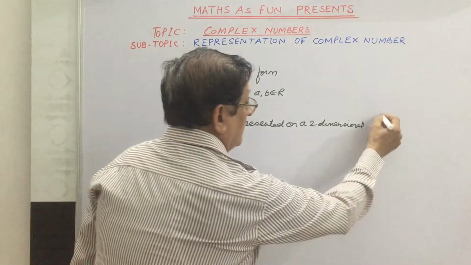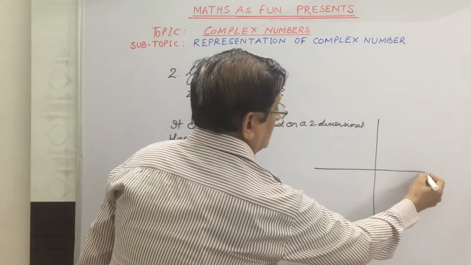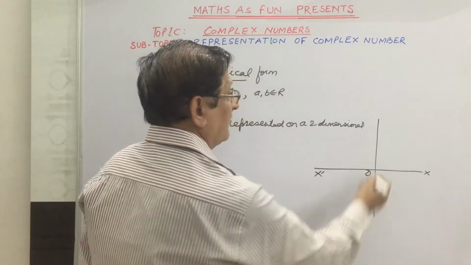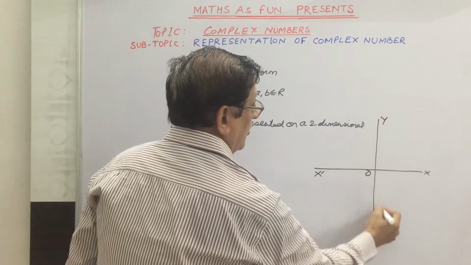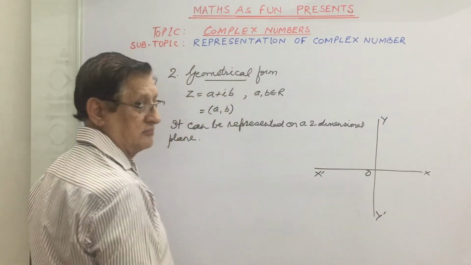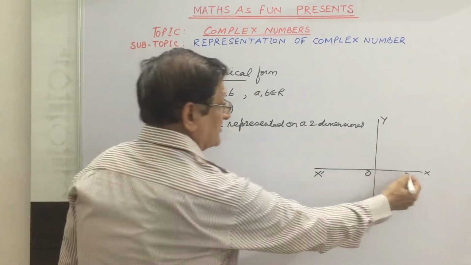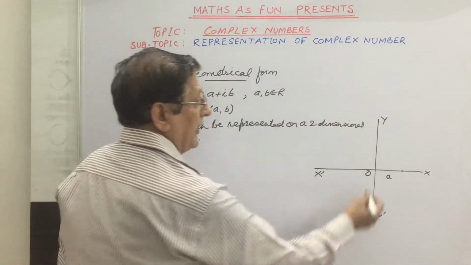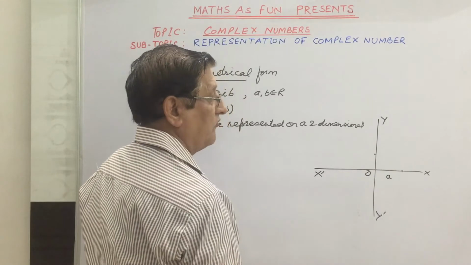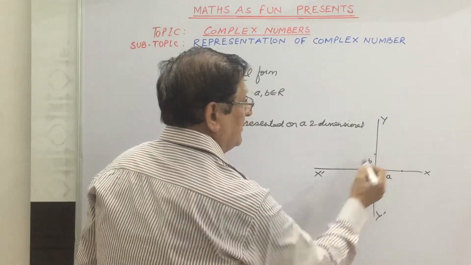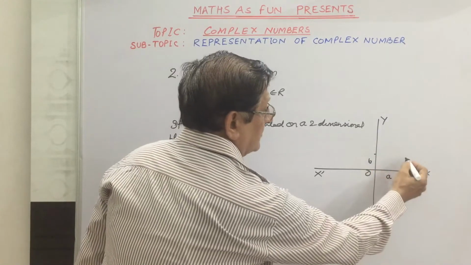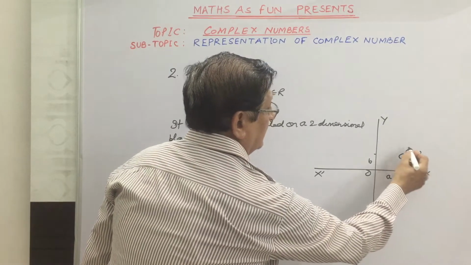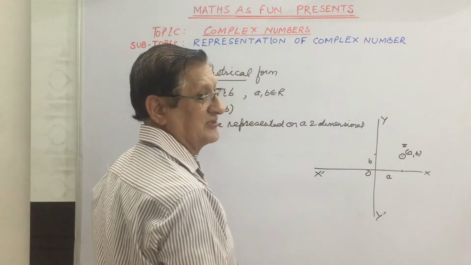Suppose we have a horizontal line x o x dash and a vertical line y o y dash. On the x-axis, if we have the real part, that is a, and on the y-axis we have suppose imaginary part b, then this particular point a, b represents the complex number z.